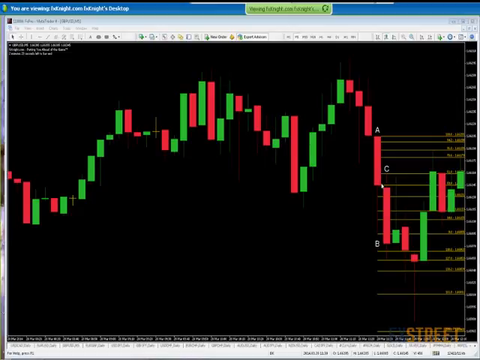Furthermore, this closed holding this level as support. This opened underneath it. In other words, support broke. Now we're under resistance. So in this case, it happened rather quickly.